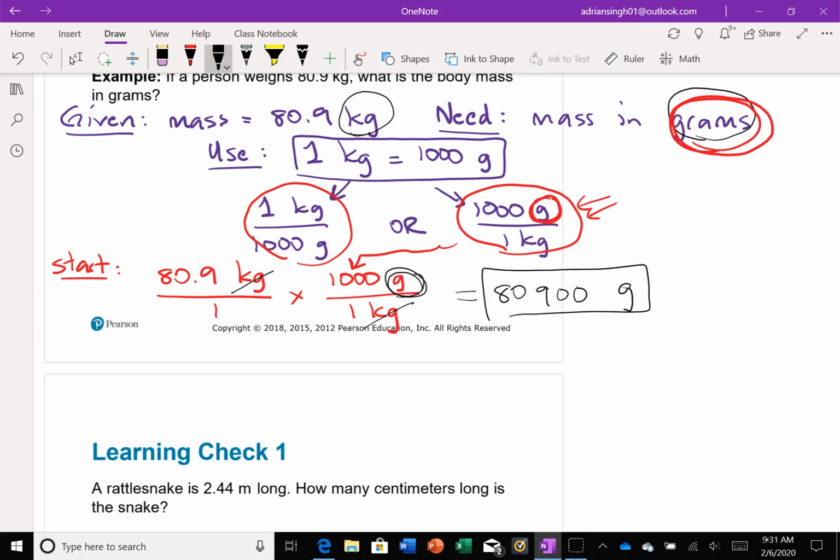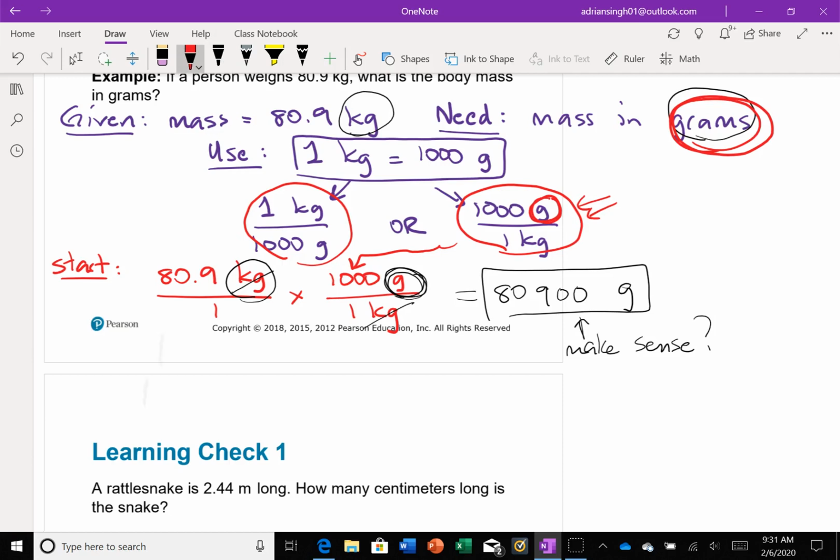And the answer does make sense, because we're going from a larger unit to a smaller unit. So our final answer should be bigger than what we started with, right? And in this case, it's bigger by a factor of 1,000. So that's a simple example of how we use dimensional analysis to solve a one-step problem.